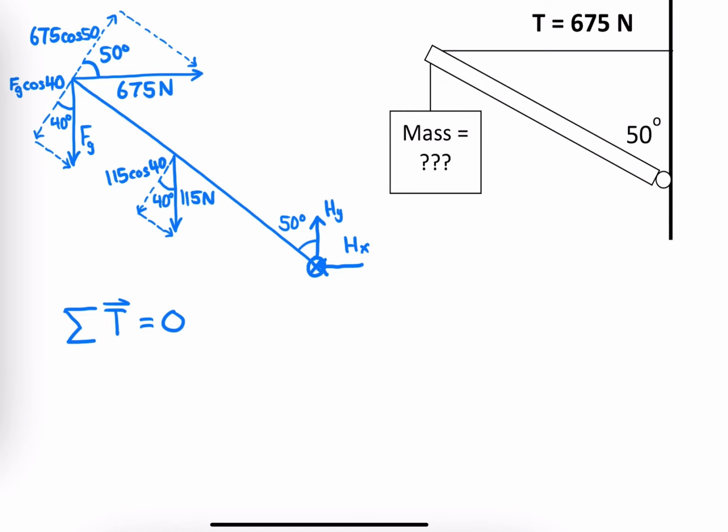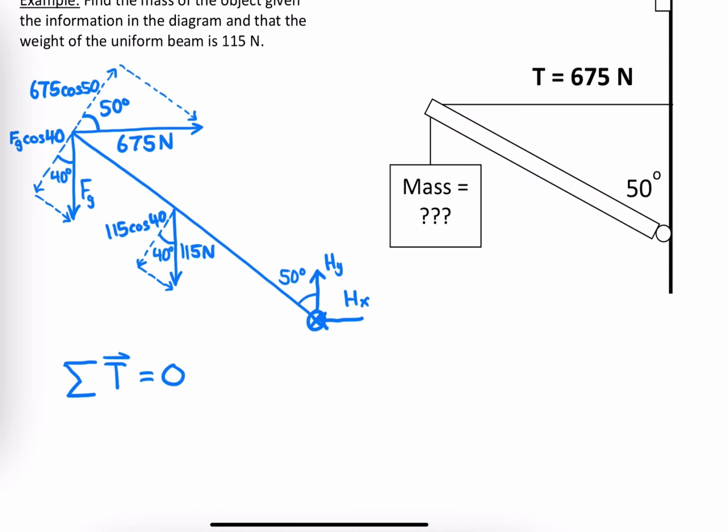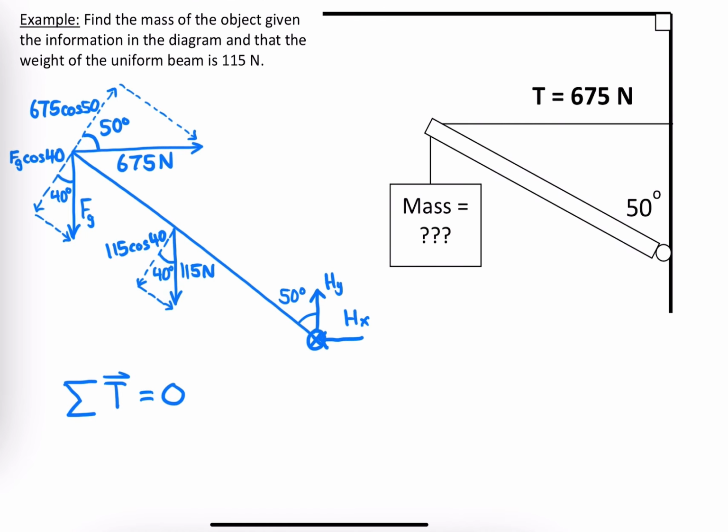So torques are force times distance. So let's just go through these guys one at a time. Let's look at this force here. It's just the perpendicular ones, remember, and multiply it by that distance there to get my first torque.